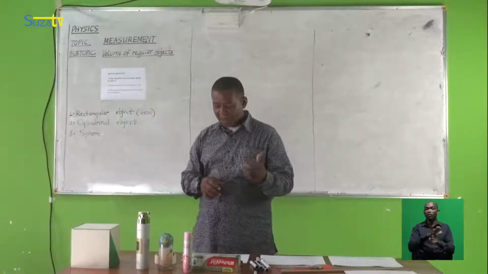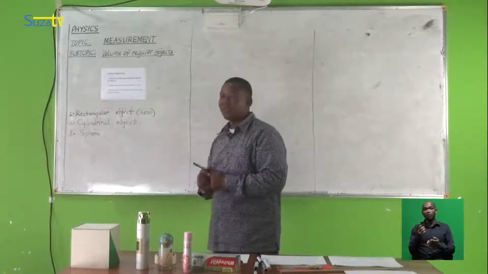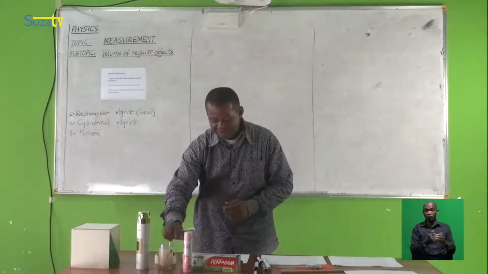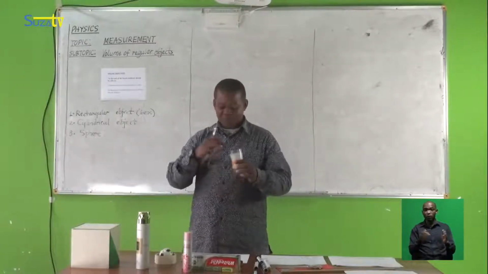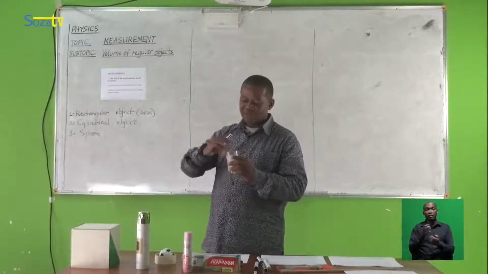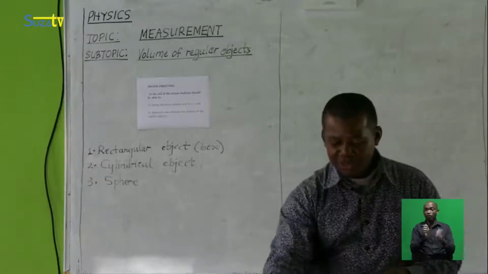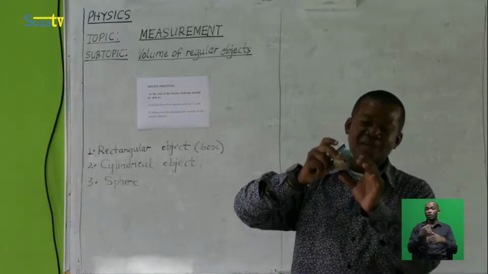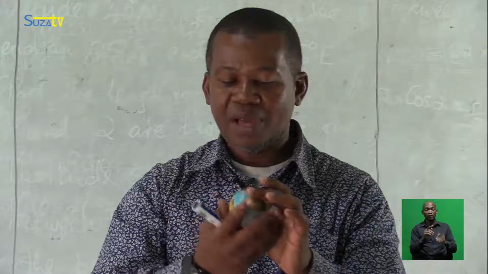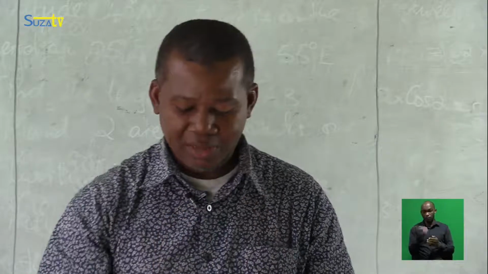By starting, first of all, we have to know the amount of space that an object occupies. If this is the glass, we have the amount of space that is occupied. Also, for the ball or globe like this one, this is the sphere, so we have the amount of space occupied by this sphere.